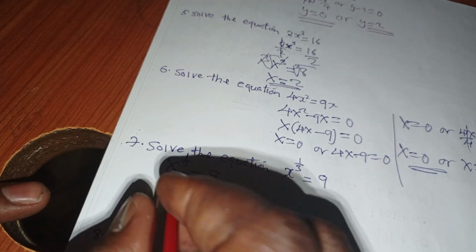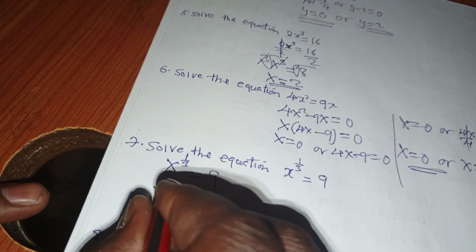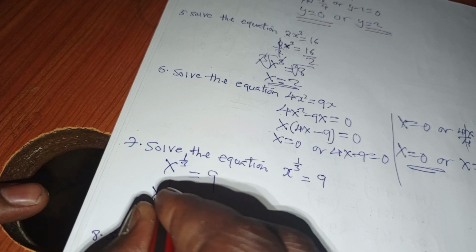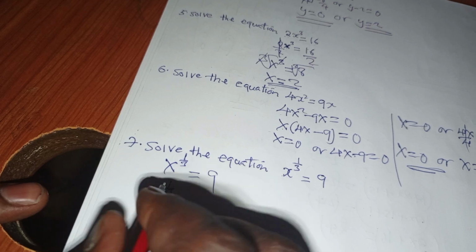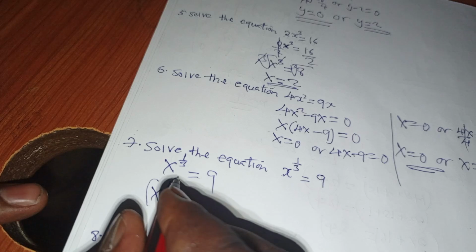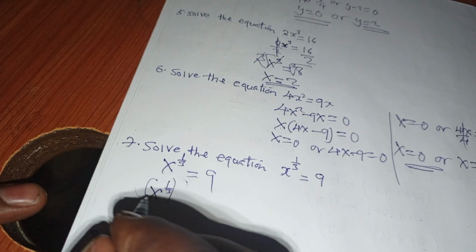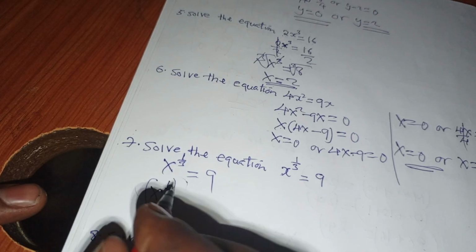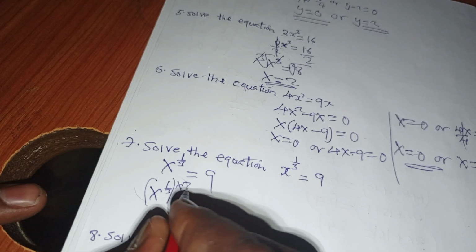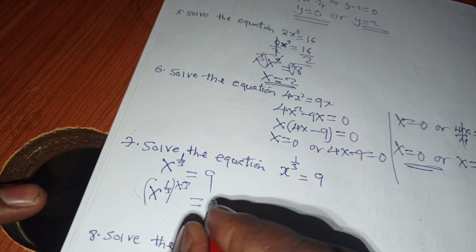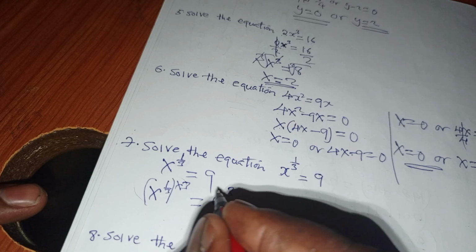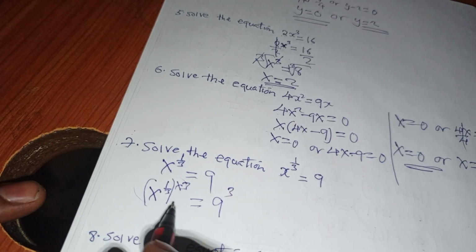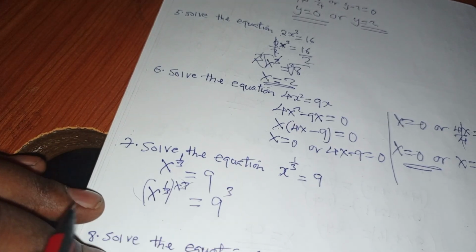So what I mean here is, I'll say x to the power 1 over 3. Because this is 1 over 3, I'll multiply the power by 3 here. Then it's equal to 9. Also I'll multiply by 3 here, because I know that this 3 and this 3 will cancel.